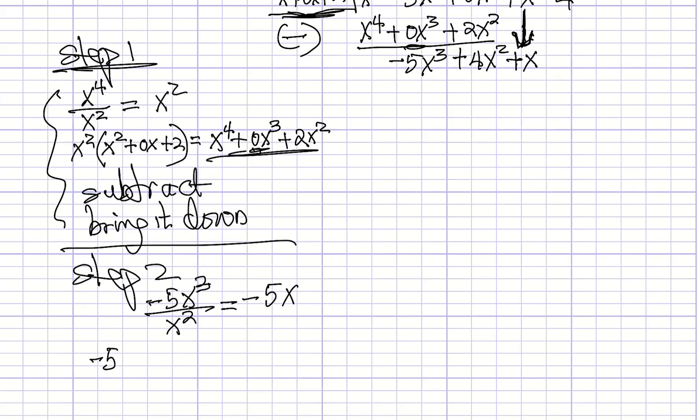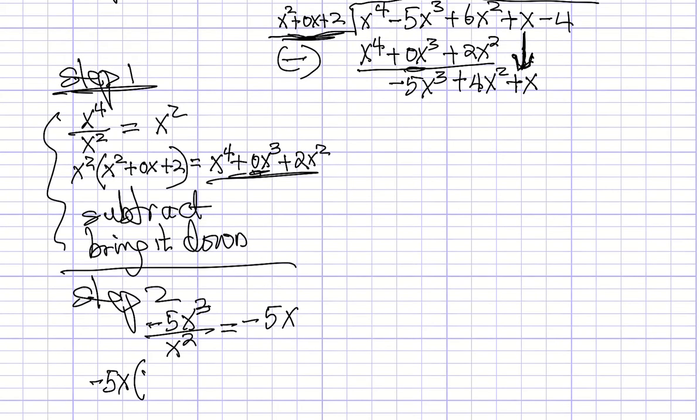We take that and multiply the divisor. The divisor is x squared plus 0x plus 2. Okay, you keep going. What is that? That's negative 5x raised to the power 3, sorry.